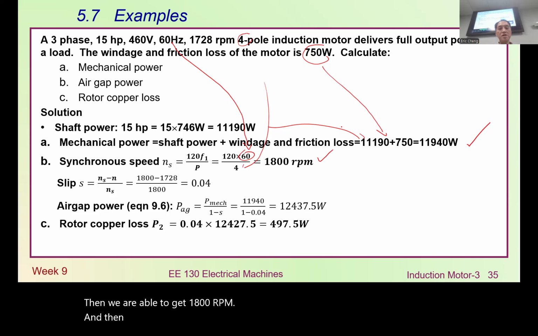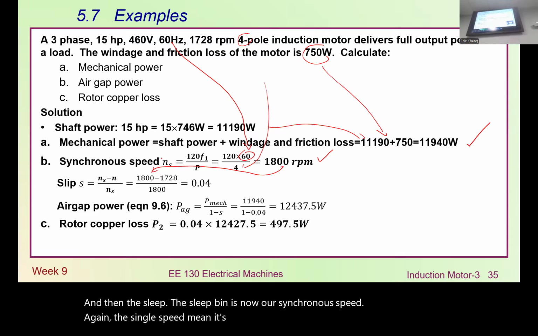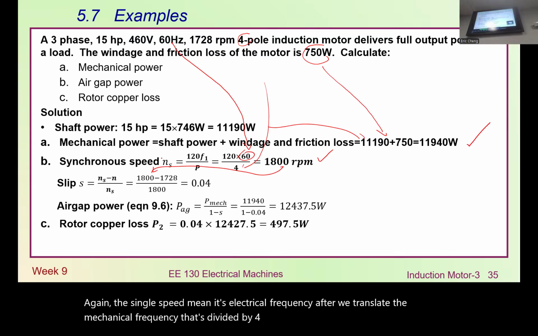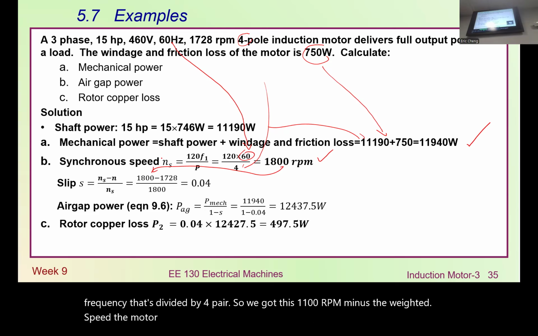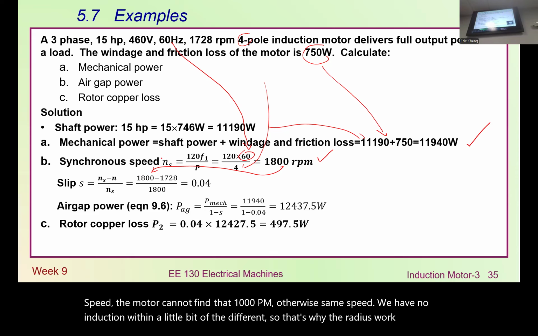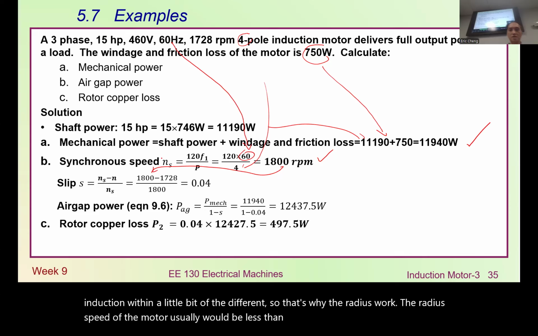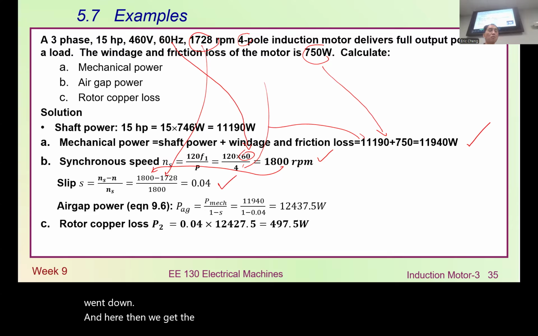And then the slip is, again, the synchronous speed, which is the electrical frequency translated to mechanical frequency divided by the pole pair. So we got this 1,800 RPM minus the rated speed. The motor cannot run at 1,800 RPM, otherwise at the same speed we have no induction. We need a little bit of difference. That's why the rated speed of the motor usually will be less than the synchronous. So we have this one down. And here we get the slip at normal operation, which is 4% of slip.